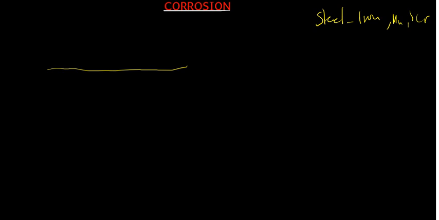And so what happens if a drop of water falls on this bar, the steel bar, there are some regions which are called anodic regions. Now an anodic region, because steel is made up of different substances, is a region that can easily undergo oxidation.